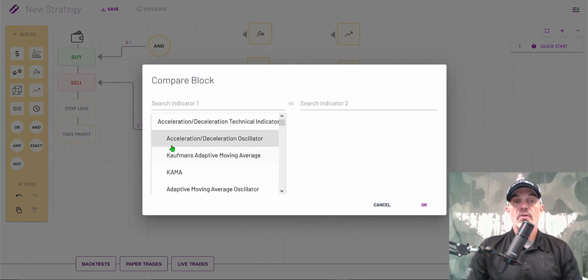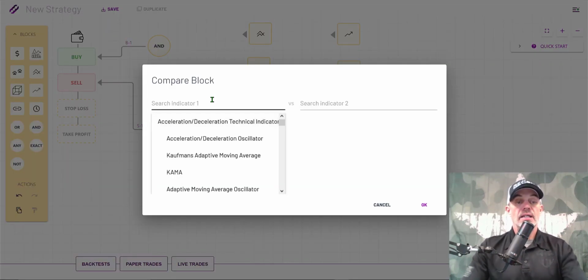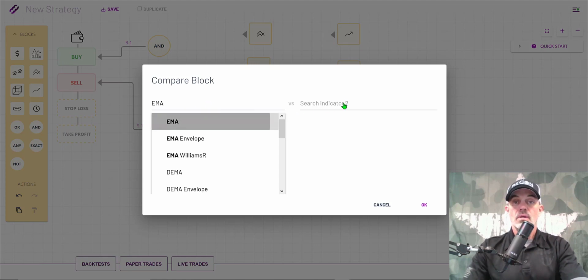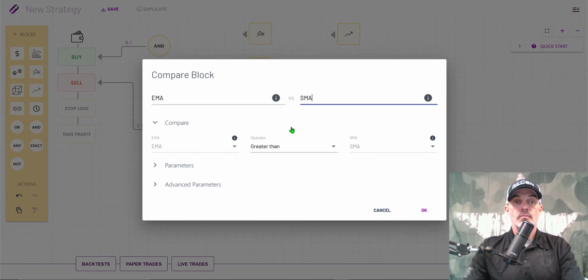My sell is going to be based on the strategy they had for exit position: EMA 20 crossing under SMA 100. So I need EMA and SMA, and I want the EMA crossing down through the SMA.